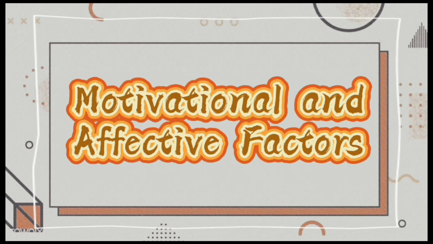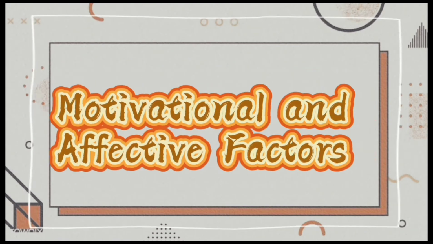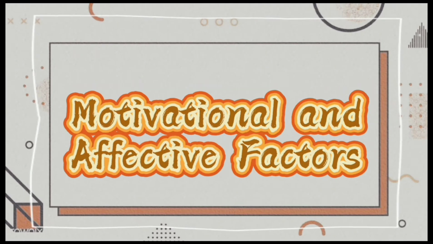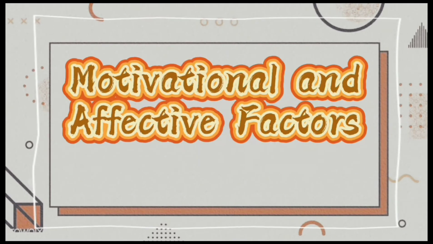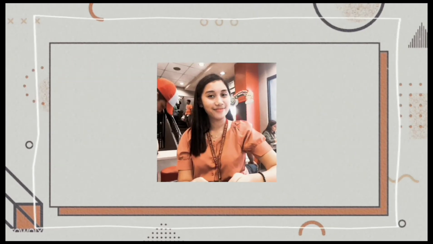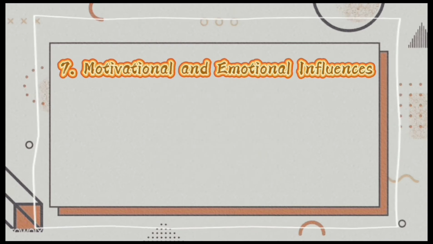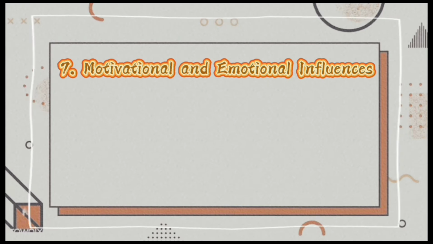The second category is the motivational and affective factors. Motivational factor is eagerness to do something, while affective factor is the attitude and values and the like. The first principle under this category is the seventh principle, which is the motivational and emotional influences on learning.